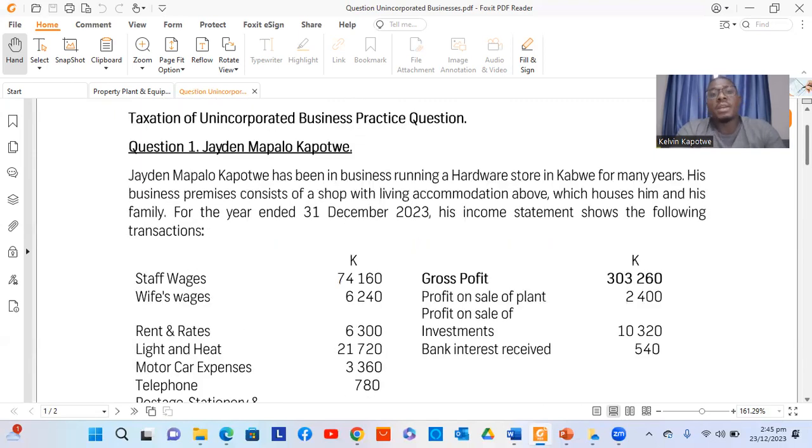Jaden Mapalo Kapotwe has been in business running a hardware store in Kwee for many years. His business premises consists of a shop with living accommodation above, which houses him and his family. For the year ended 31st December 2023, his income statement shows the following transactions.